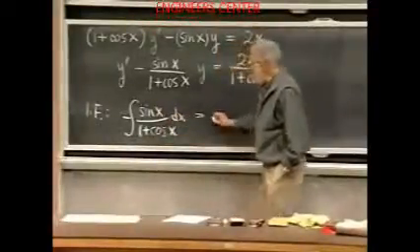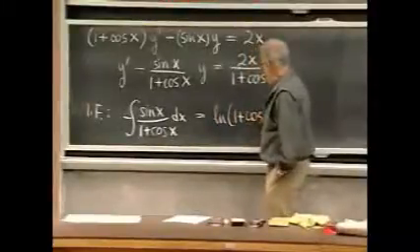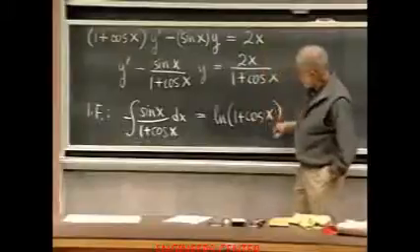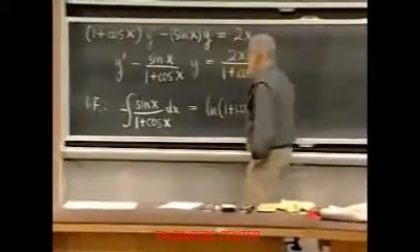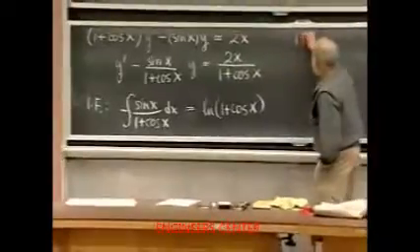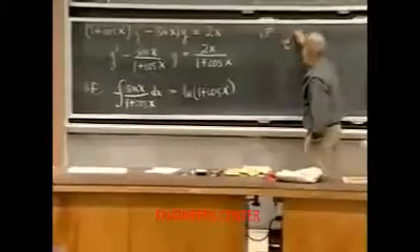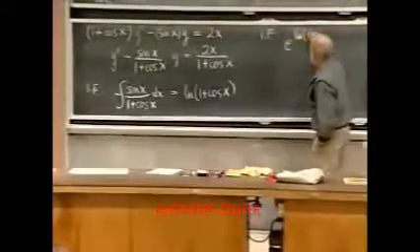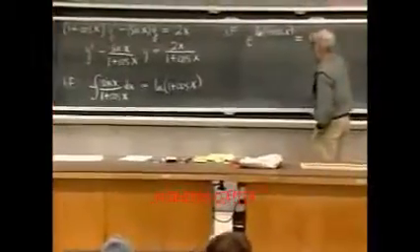That is great. That means it integrates to be the log of 1 plus cosine x. Is that right? 1 over 1 plus cosine x times the derivative of this, which is negative sine x. Therefore, the integrating factor is e to that. In other words, it is 1 plus cosine x.